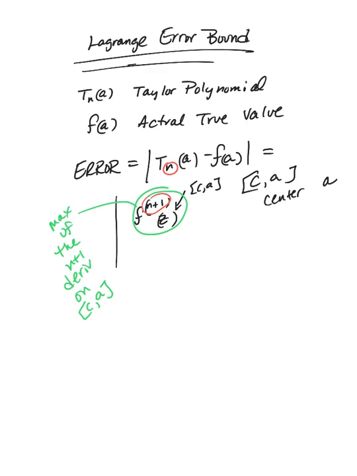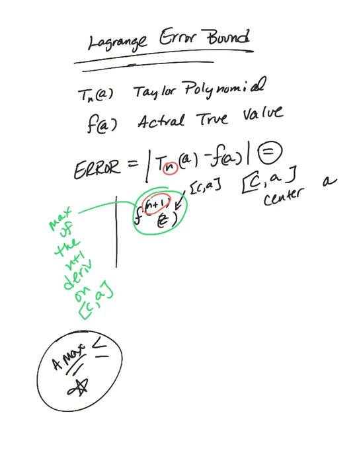Now, here's what's disconcerting. We might not be able to get the max. We might be able to get a max. If we get a max, then instead of equal, this would become less than or equal to. So keep that in mind. That's going to make you uncomfortable.